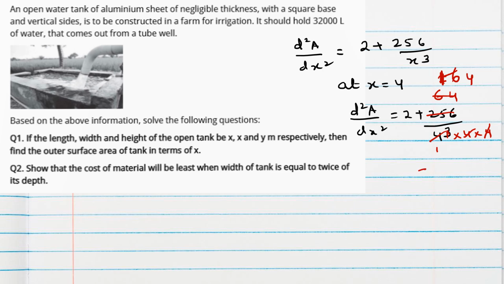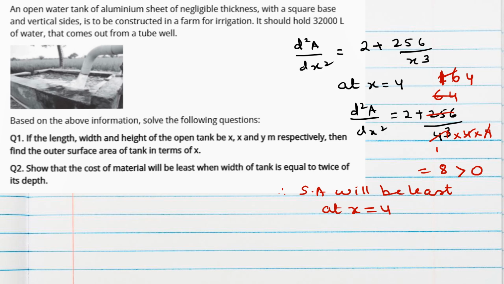Okay, so 4 plus 2, 8, which is greater than 0. So if double order derivative is greater than 0, by second order derivative test we can write, therefore surface area will be least when at x equal to 4. Surface area will be least.